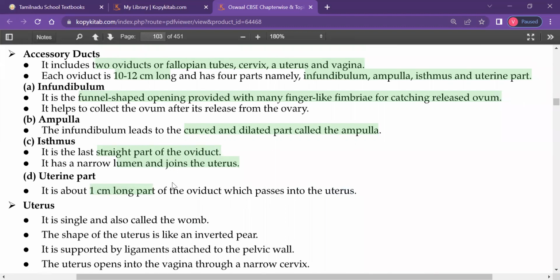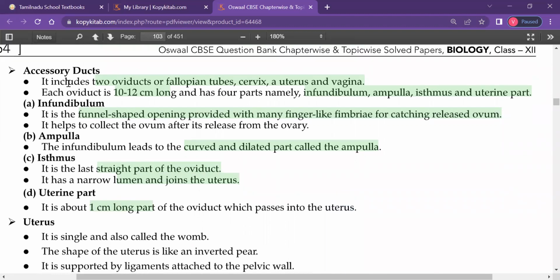Okay. Read this again. It includes 2 oviducts or fallopian tubes, cervix, uterus, and vagina. Each oviduct is 10 to 12 centimeters long and has 4 parts, namely infundibulum, ampulla, isthmus, and uterine part.